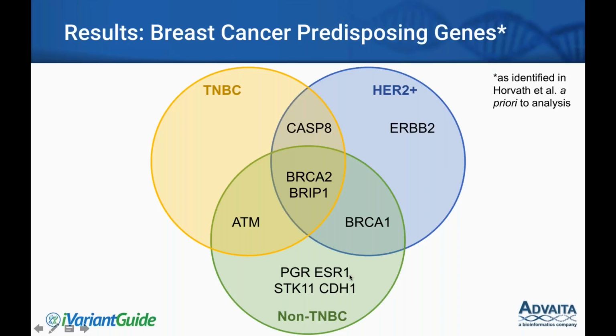Similarly, for the progesterone receptor and ESR1, only non-TNBC subtype variants affect those genes. We also find, unsurprisingly, that BRCA2 is actually affected by variants from all 3 subtypes, whereas BRCA1 is only affected by variants from HER2 and non-TNBC.